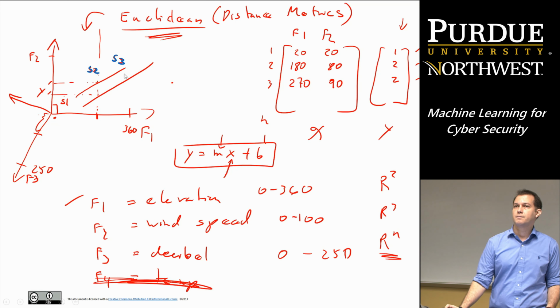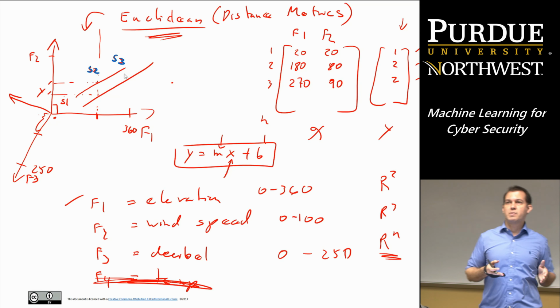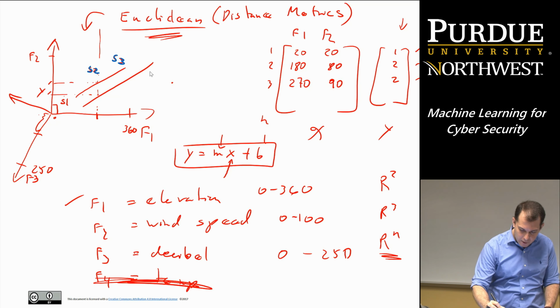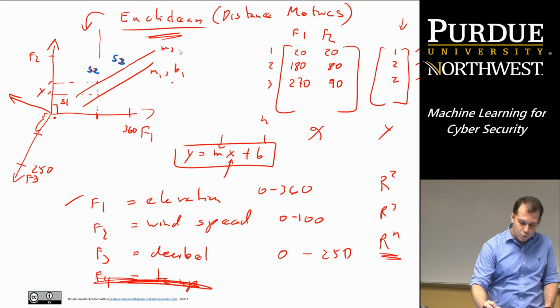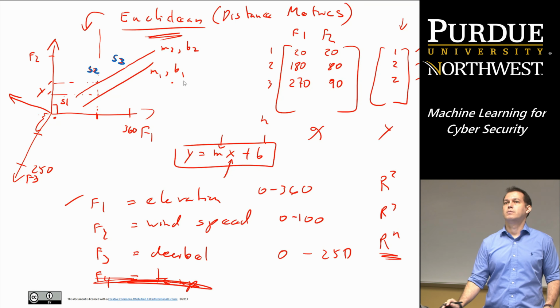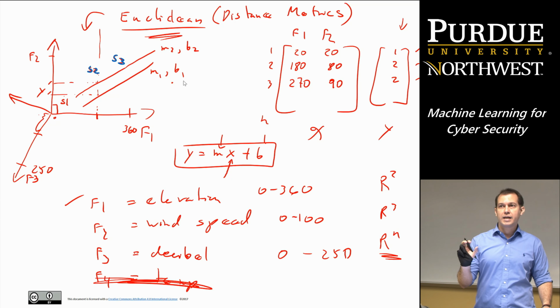What determines this line? This line is determined by m and b. This line will have an m1 and a b1, whereas this line will have an m2 and a b2. So one line has one set of parameters, the other line has another set of parameters.